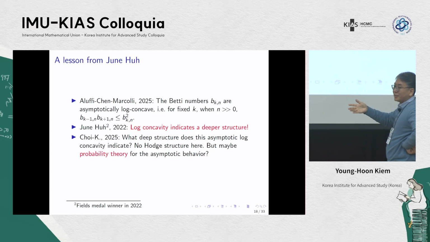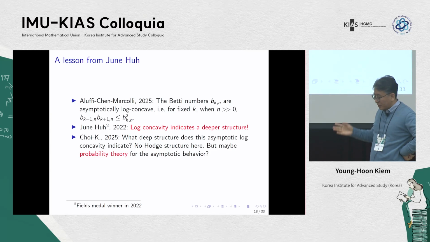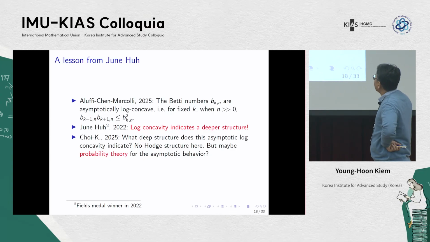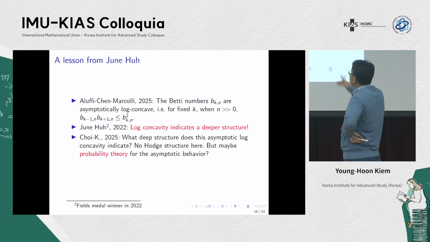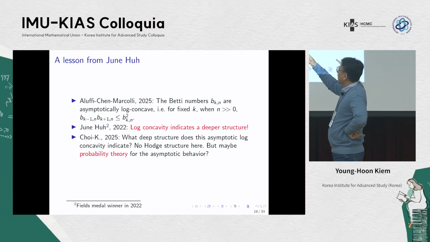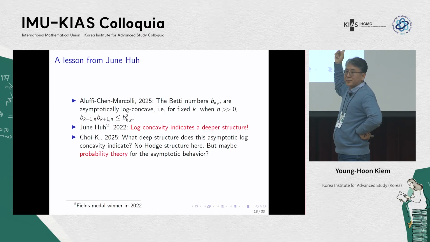If you take the log, it's just the concavity formula. Asymptotic means that for fixed k, this inequality holds for sufficiently large n.